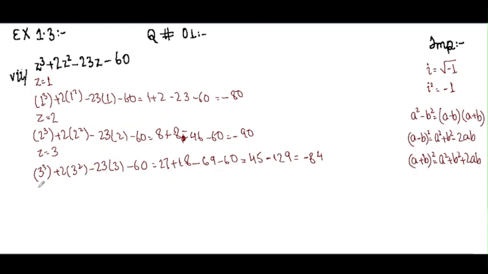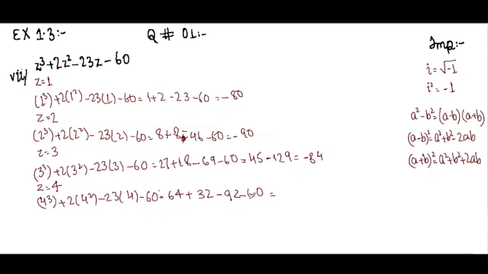That's not the solution, so z equals 4. So 4 cube plus 2 into 4 square minus 23 into 4 minus 60. 4 cube gives us 64, plus 4 square is 16, 16 into 2 gives us 32, minus 23 into 4 we get 92, minus 60.